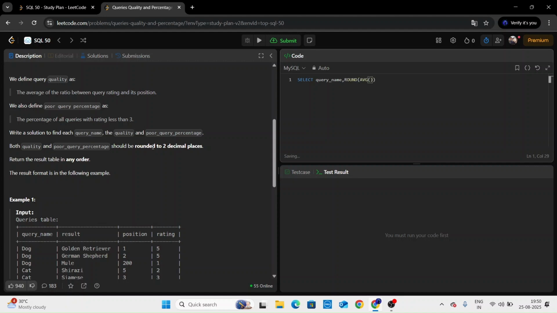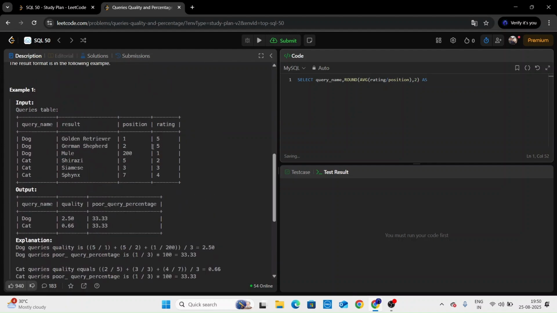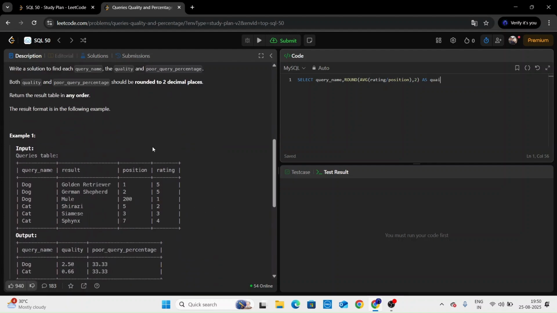We need to take the average of rating divided by the position and round it off to 2. After that, we need to keep it as the quality column.